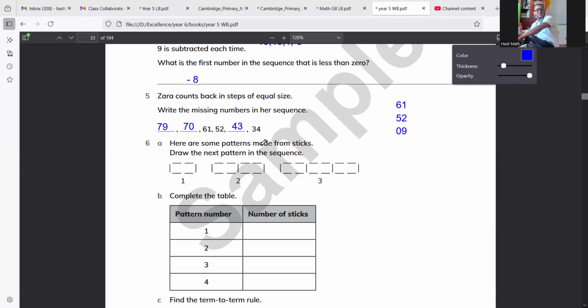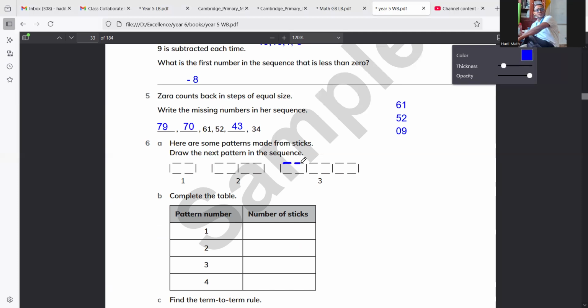Say here are some patterns made from sticks. Draw the next pattern in the sequence. Let's see, the first one here is 6. Then this one is 11. This one is 16. The next one, like you do what? You keep the same pattern with the same idea of the sticks itself.